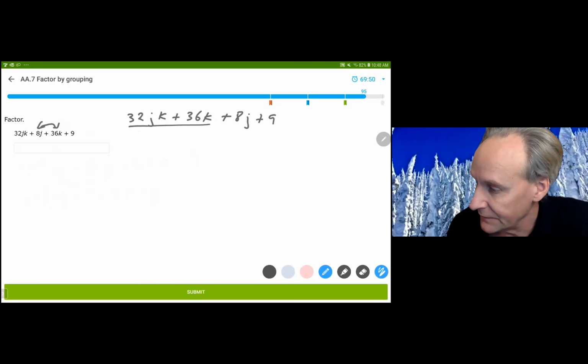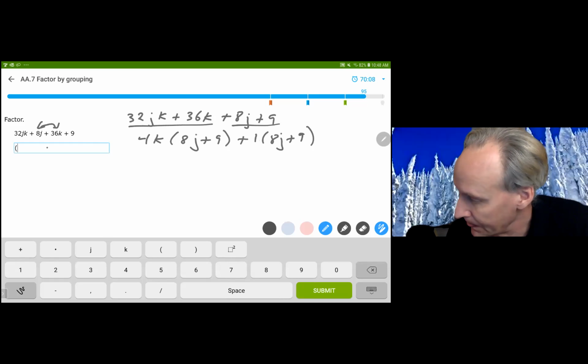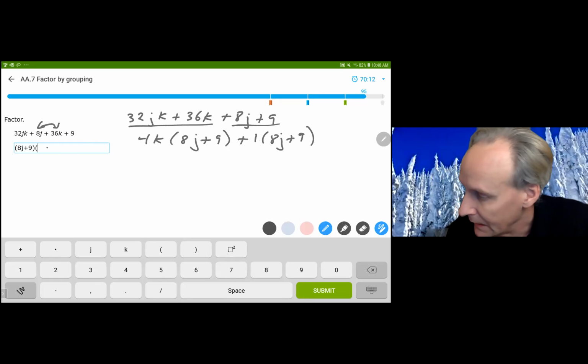And then out of this pair, I'm going to take out a 4k, and I'm left with 8j plus 9. And I just take the 1 out of the second pair, 8j plus 9. And I'm just going to take out my 8j plus 9. And I'm left with 4k plus 1.